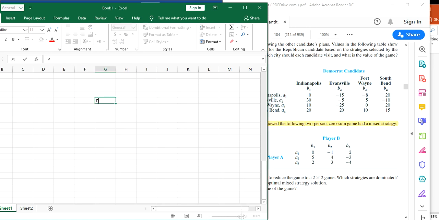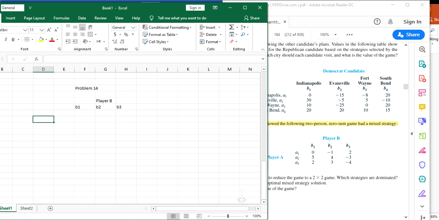We have player B: B1, B2, B3. This is problem 14.